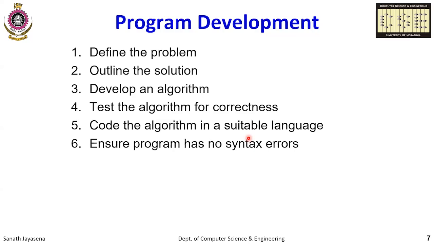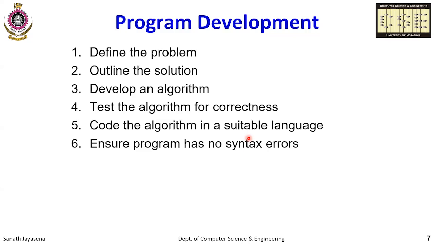And now when you code the algorithm in a suitable language, you have to be able to execute it. But one of the first things is that when you code an algorithm into a program, in order to be able to execute it, first it has to be correctly entered according to the programming language rules that we use.